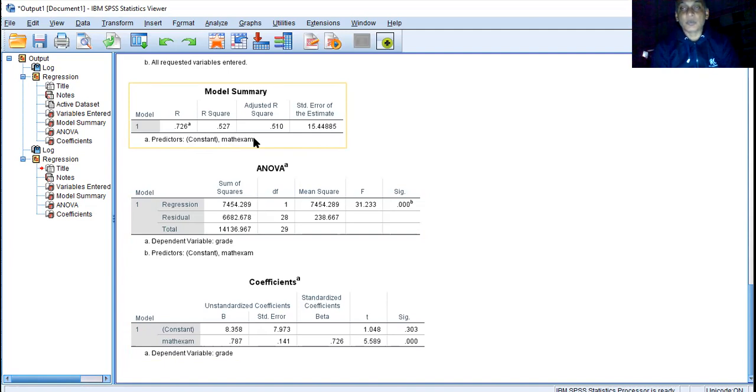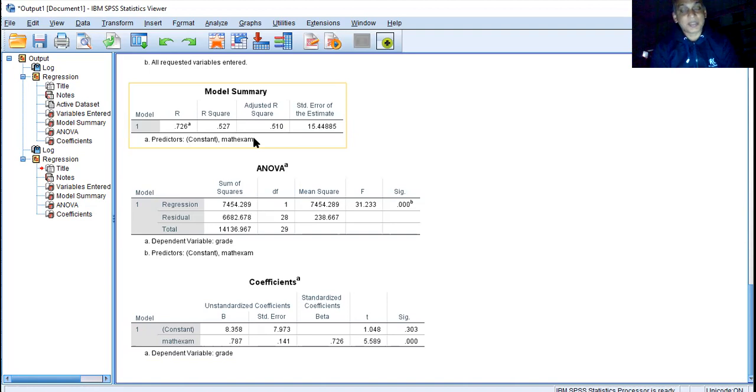If it is equal to 0.09, effect size is medium, and if R square is equal to 0.24, effect size is supposed to be large. Since our R square value is 0.527, the effect size is quite large.